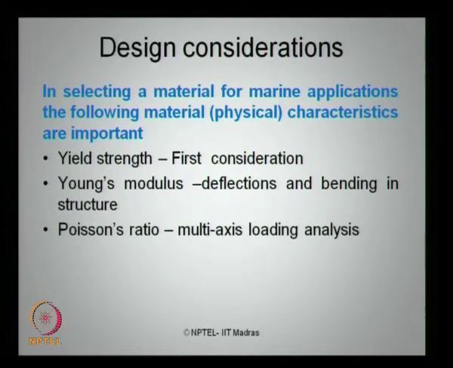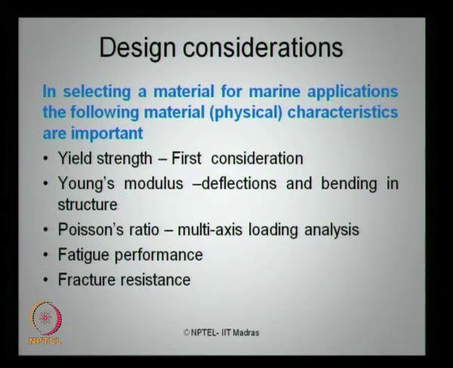Poisson's ratio is also important because we are dealing with multi-axis loading analysis in offshore structural members. Fatigue performance is very important because reversal of forces is an inherent characteristic of environmental load which this kind of ocean structural system encounters. And of course fracture resistance is a very important phenomenon which is demanded from the material in offshore structural systems.